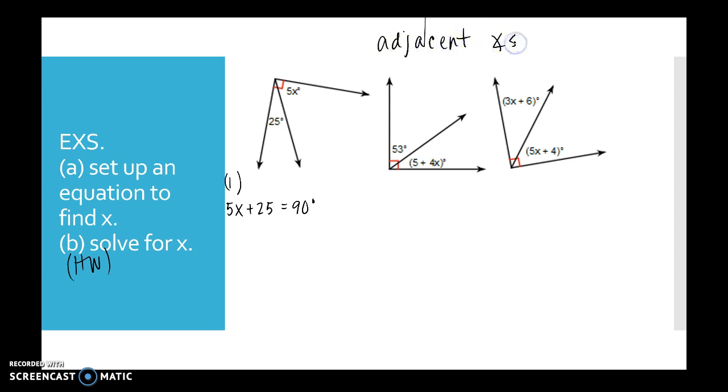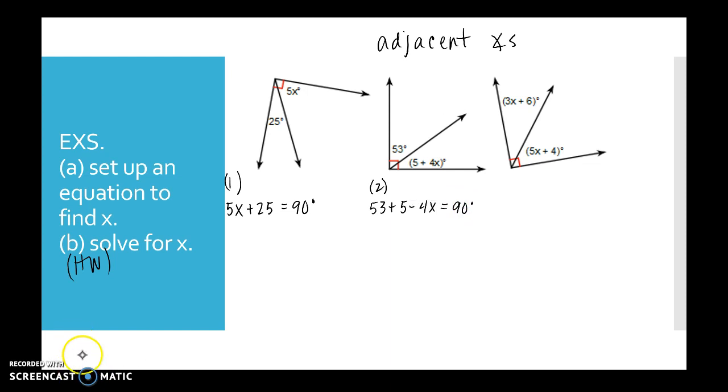Okay, they all have a common side. So for the second example, 53 degrees plus the expression for this angle measure, 5 plus 4x, that has to sum up to 90 degrees.